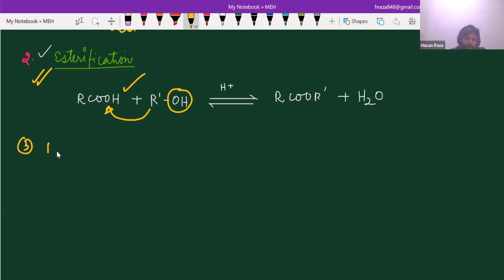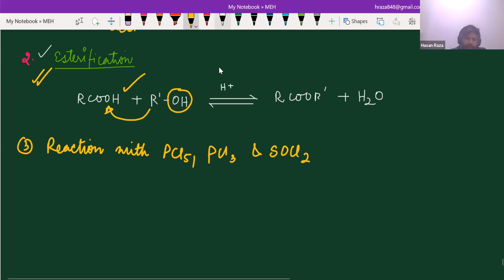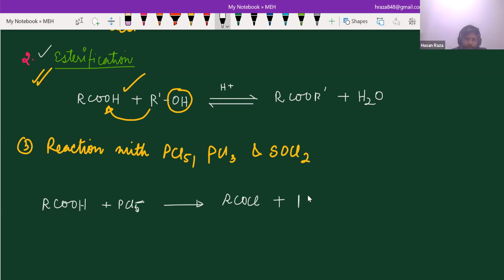And the third is reaction with PCl3 or PCl5 and thionyl chloride. If you react this RCOOH with PCl5, then you will get acyl chloride, that is RCOCl plus POCl3 along with HCl.